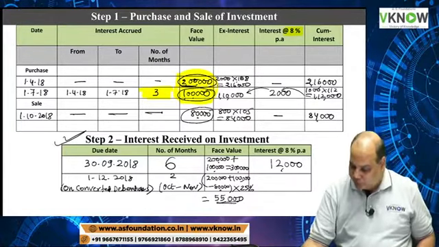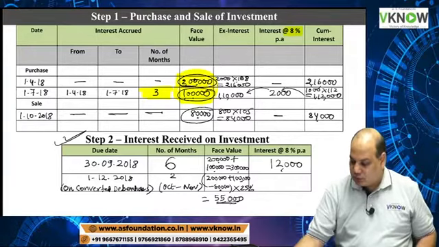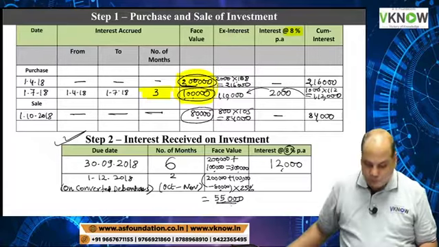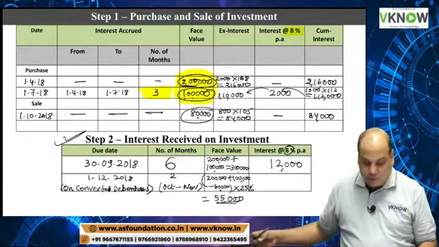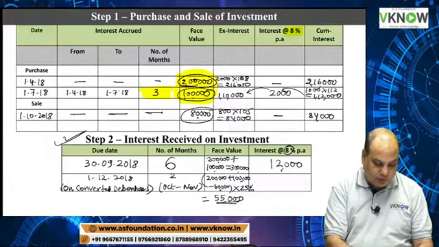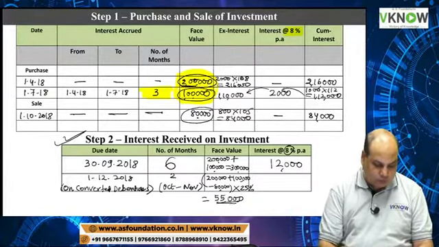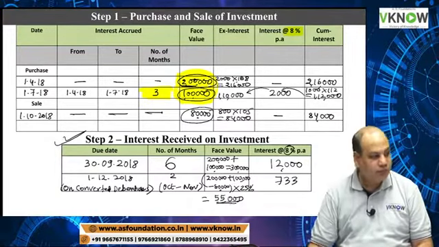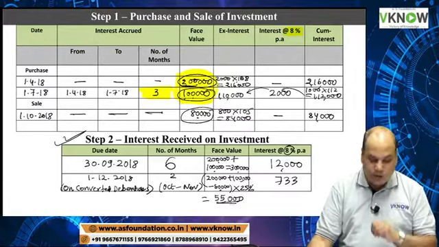On 55,000 at 8% for 2 months. So try your calculator. 55,000 is the face value of debenture which got converted. So you are getting something like 733. Is it right, 733?